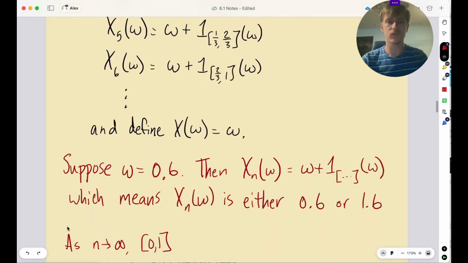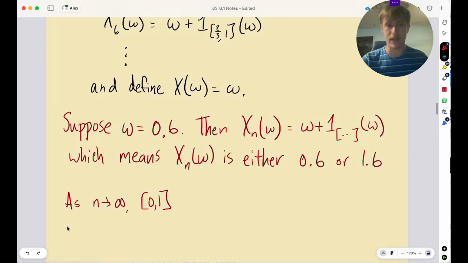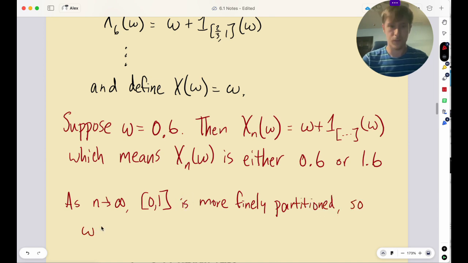So as n goes to infinity, 0 to 1 is more finely partitioned. Omega, I should say, the indicator function over some region equaling 1 is less likely.